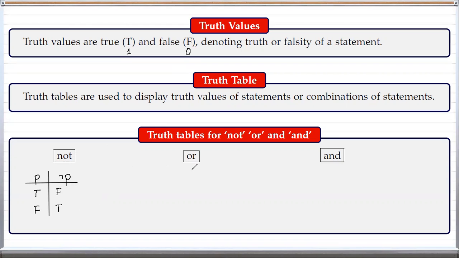Next, let's look at the truth table for or. Let P and Q be any two statements, and we want to find truth values for P or Q. So our truth table will look like this.